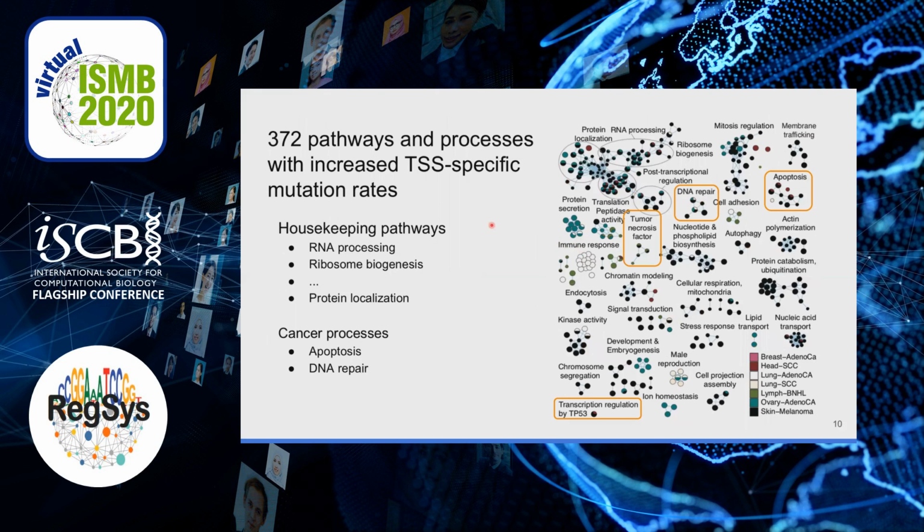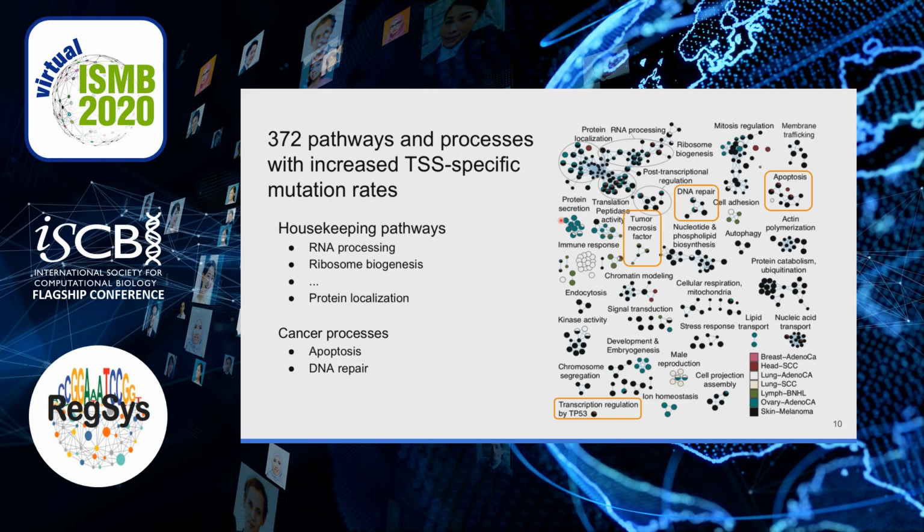And then finally, to examine the functional context of these patterns of transcription start site mutation rates, we performed an RM2 pathway-based analysis where we considered transcription start sites connected to genes of established pathways. So this allowed us to identify processes that contain strong transcription start site mutation enrichments and ask if they are biologically relevant.